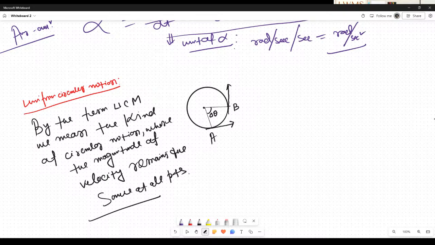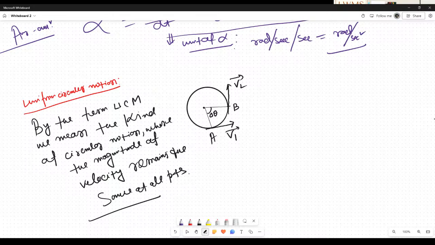Here velocity is v1. At a particular point, velocity will be tangential. That we are defining. v1 velocity, v2 velocity, in this manner. And it happens in time delta t.